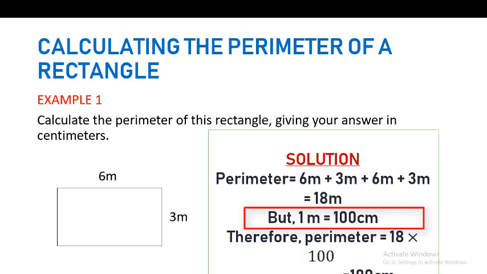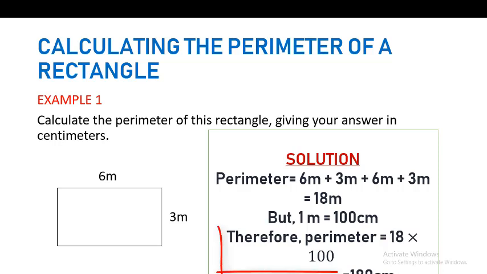So for us to convert 18 meters into centimeters, we need to multiply by 100. Therefore, perimeter is equal to 18 times 100, and the answer is 180 centimeters. So this is how we calculate the perimeter of a rectangle and convert meters into centimeters.